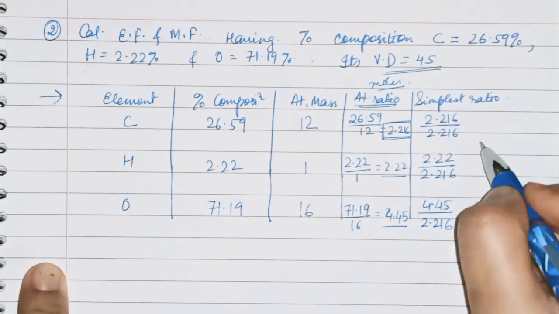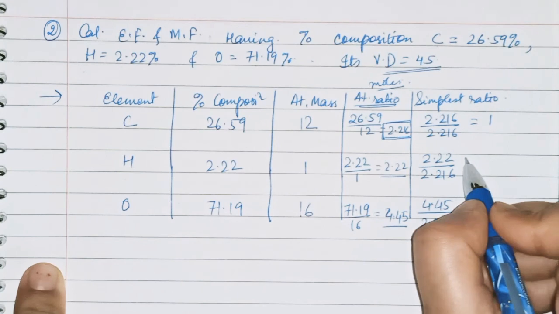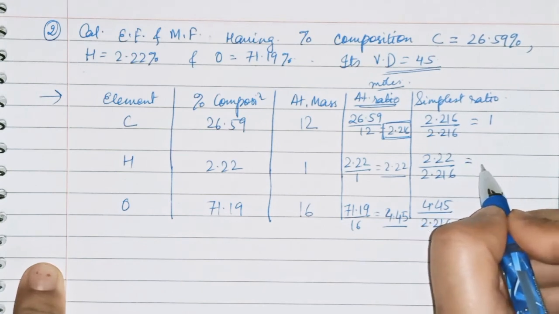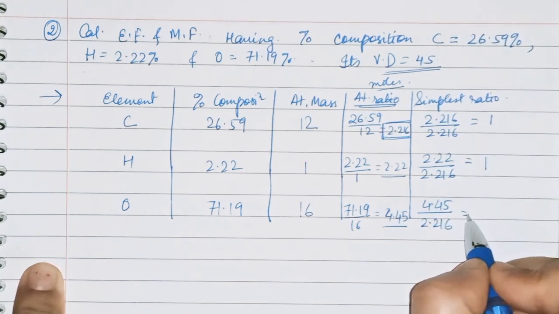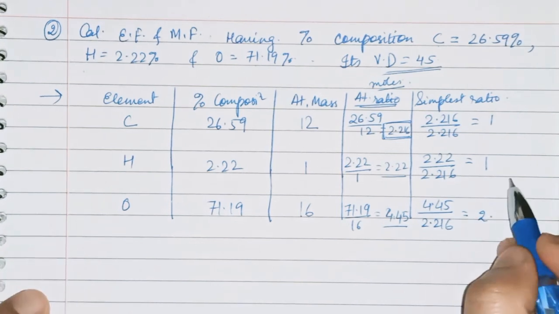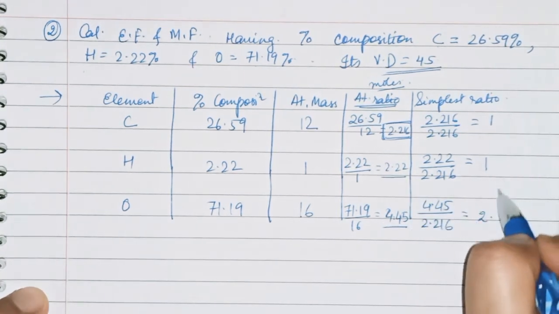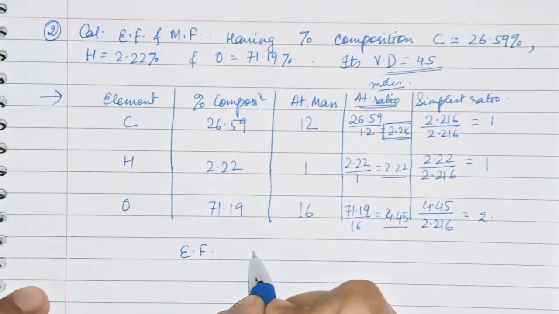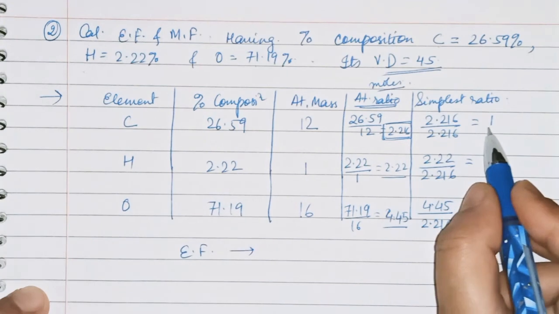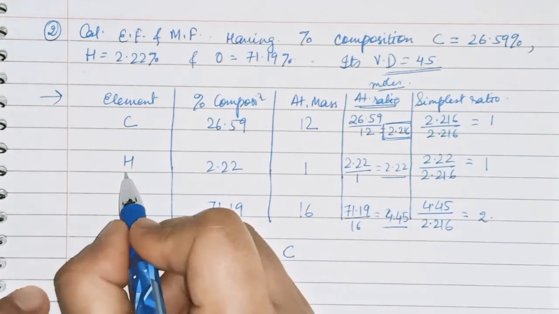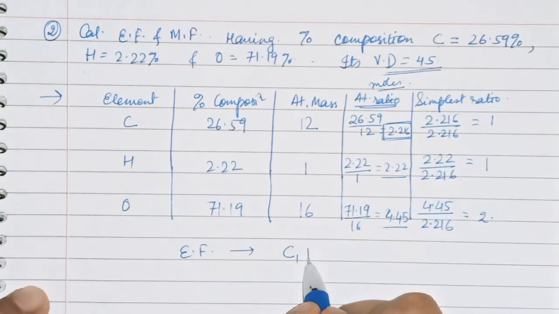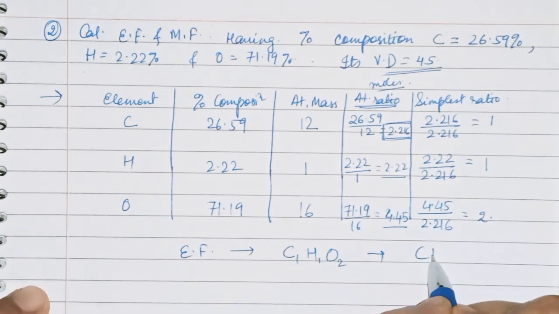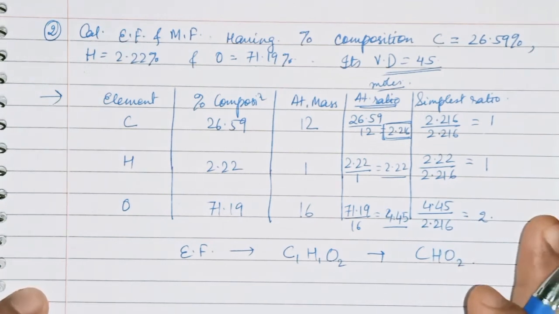So now here you will get 1, here it is also near about 1, and here it is 2. After getting these values, you can write the empirical formula. Empirical formula: carbon, number of atoms is 1, hydrogen again 1, oxygen 2. So you can write CHO2 as the empirical formula for the given compound.